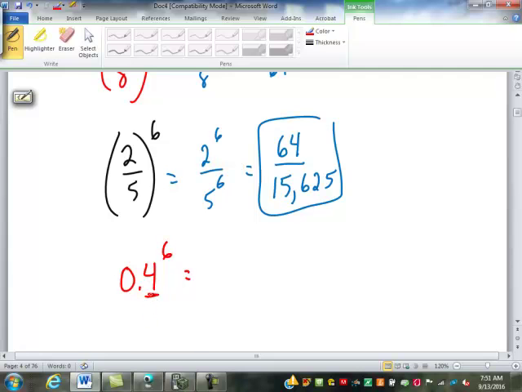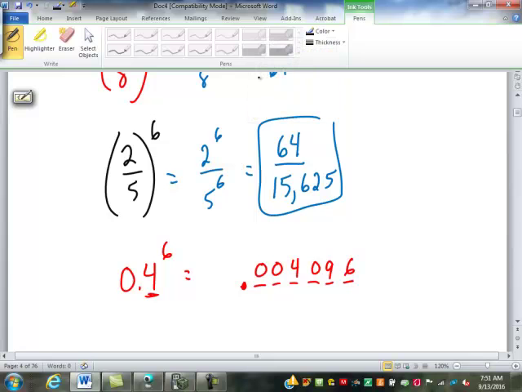Well, this is 1 decimal place and it appears 6 times, so there's going to have to be 6 decimal places, right? Does that make sense? And 4 to the power of 6 is 4,096. So yeah, it gets small in a hurry.